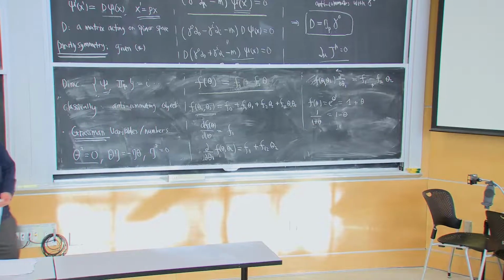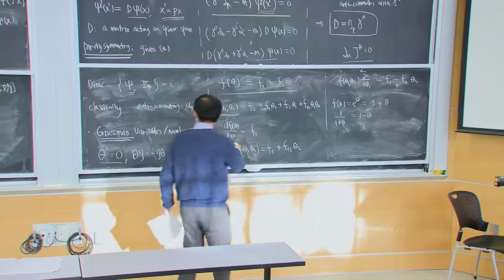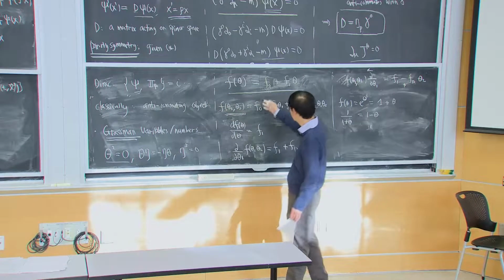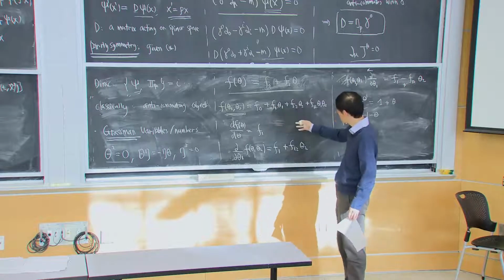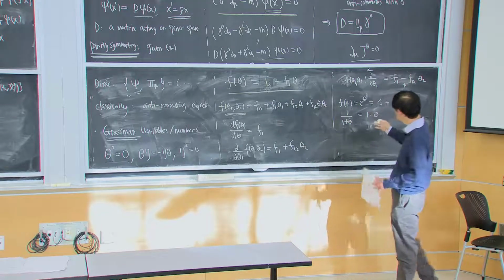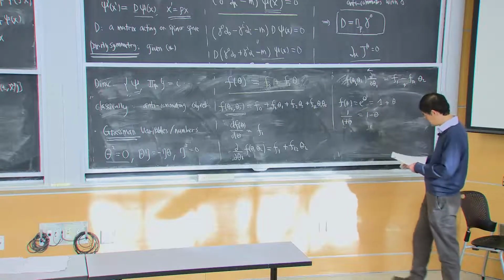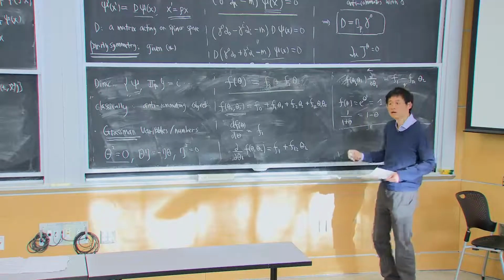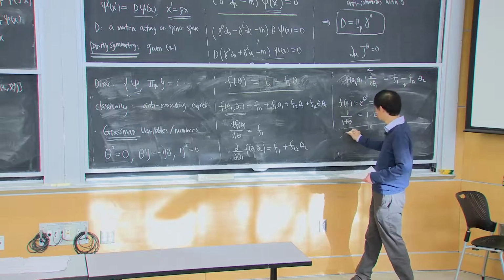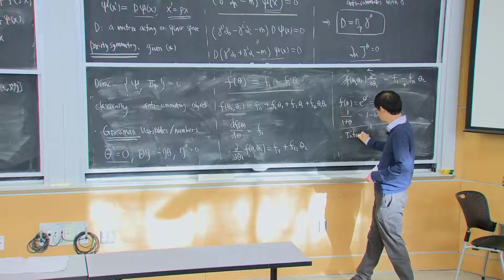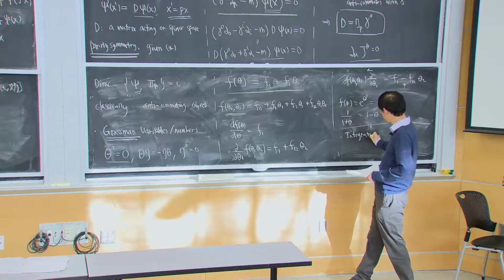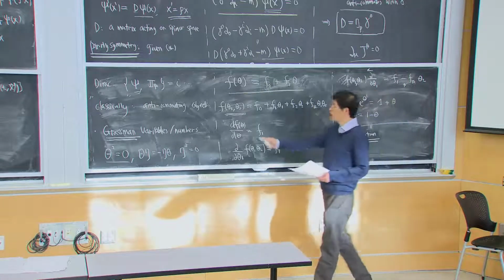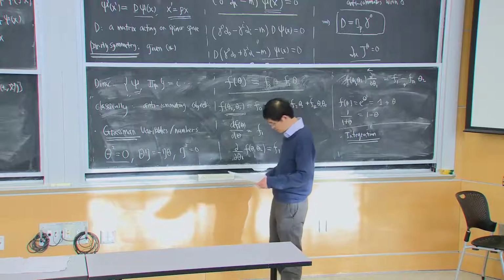Good. So we talked about the functions, and also about the functions of them. We talked about derivatives, and then we need to talk about the integrals of them. So how to define integration? To be able to do path integral, we need to integrate over such objects.